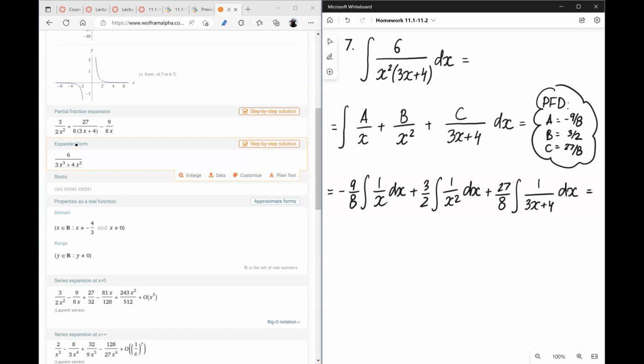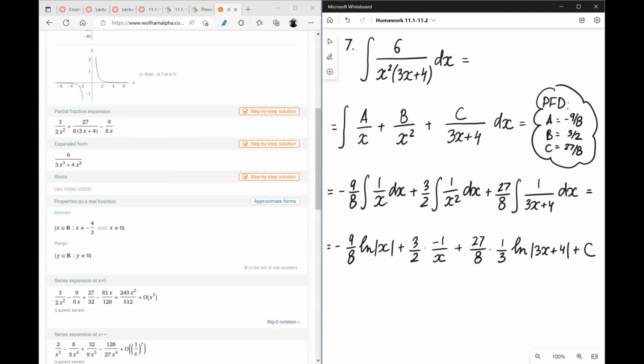Each one of these integrals is well known, so you shouldn't have a problem doing this manually. This is just ln of absolute value of x. This will be your -1 over x. This one will be 27 over 8 times 1/3 ln of absolute value of 3x plus 4. And of course we have plus c at the end.